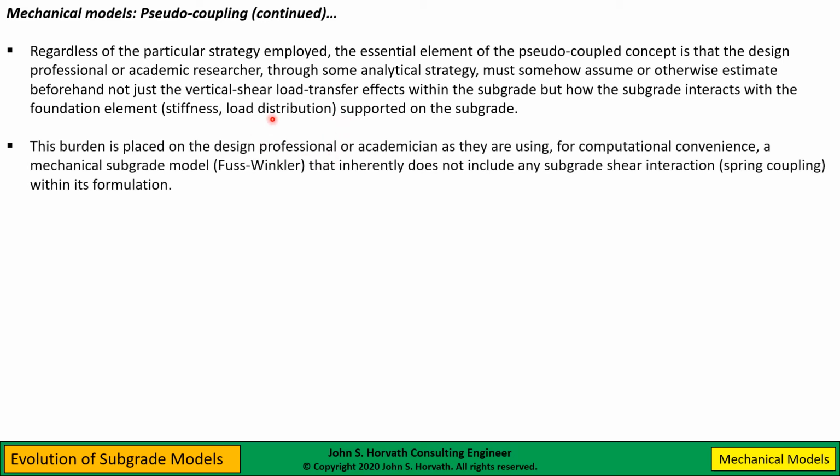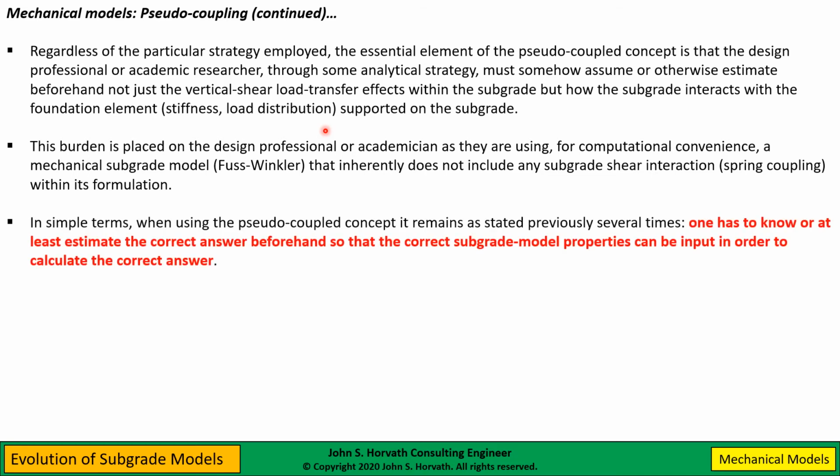So again, it's the price you pay for using such a simple mechanical model as the Fuss-Winkler subgrade, which does not have any inherent shear coupling or shear interaction. The burden is on the analyst to think up this spring coupling beforehand, put it into the program, and then calculate the right answer.